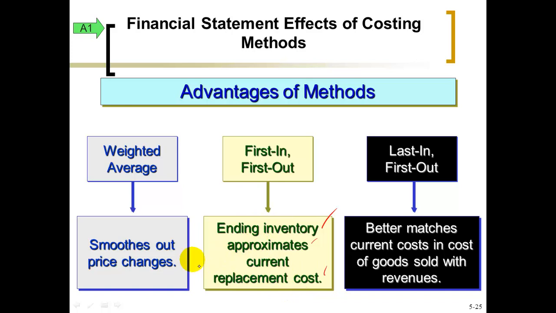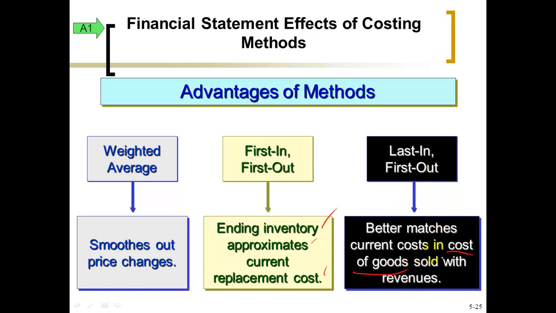But if you take a look at the income statement where you're deducting the cost of goods sold, the LIFO method has the more current cost, the higher cost in the case of inflation, probably better representing how profitable you were for the year.